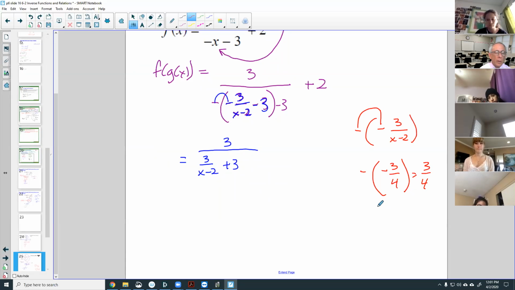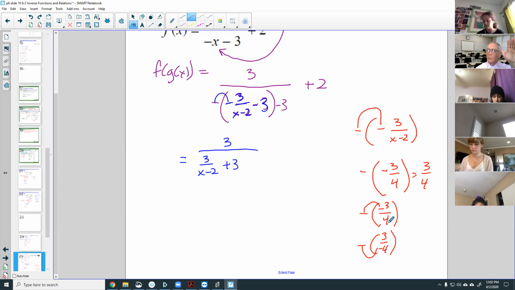Or I could take negative 3 over 4 and I could make it into 3 over negative 4. And if I put a negative sign there, it's only going to affect either the top or the bottom. It's not going to affect both. Am I clear here, or am I confusing things more? Help me out. It's clear, we got it. You sure? Okay. All right.